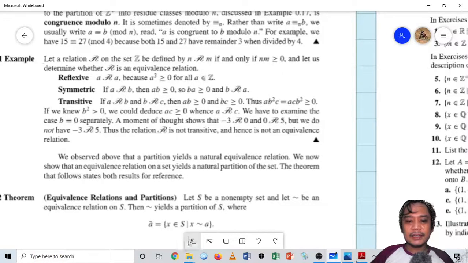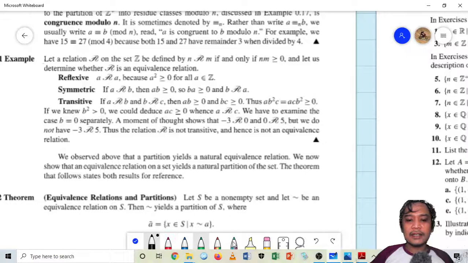See that? Let me highlight that for you. Take note that the set is Z, integers, and they would be related if and only if their product is non-negative.